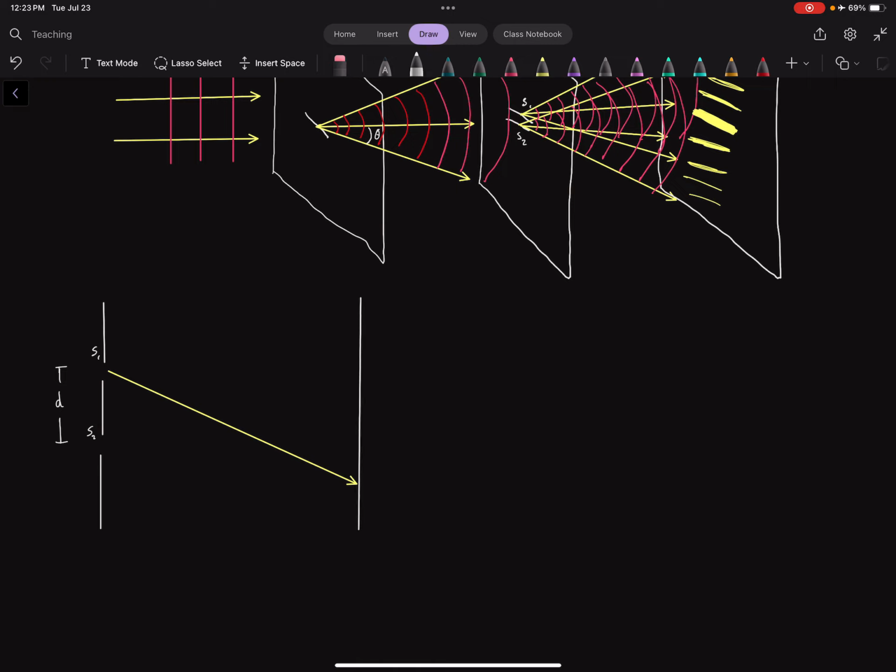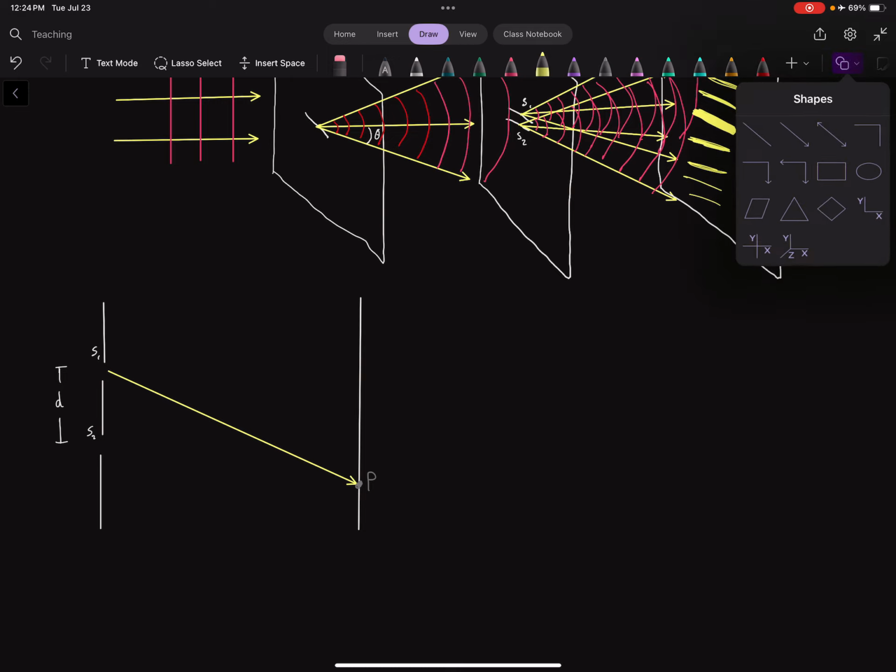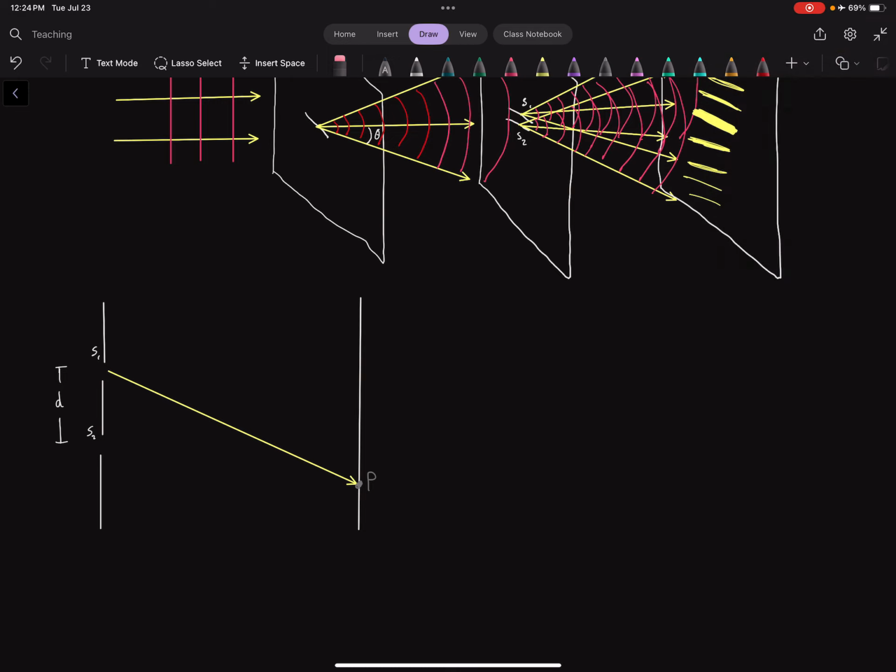So we're just looking at, for light to arrive at this point, I'll say P1 or P, what angles must the light have traveled from the slits in order to hit that point, right? So very geometric optics kind of a thing, right?